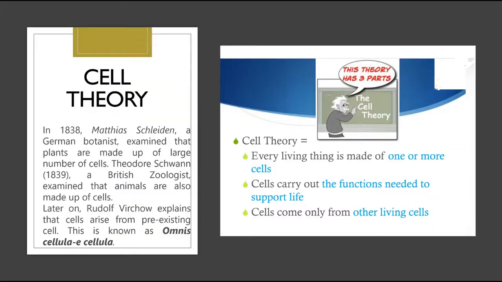Now coming to the cell theory. The theory states that all living organisms are made up of cells, which are the basic unit of life. Okay, so in fact the actions of organisms are all based on the functioning of cells.